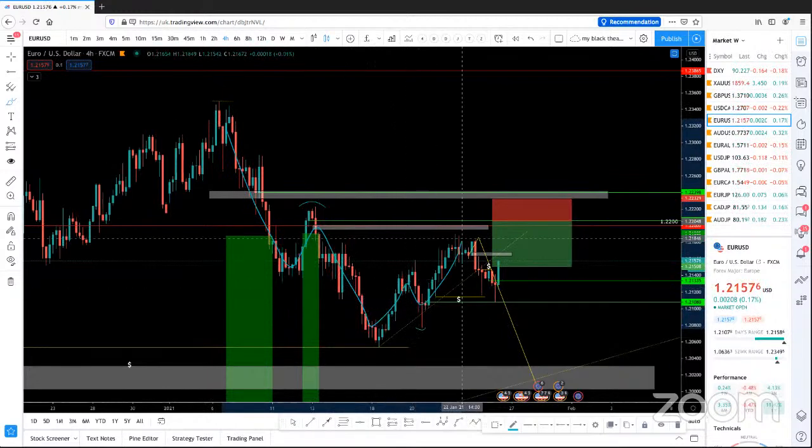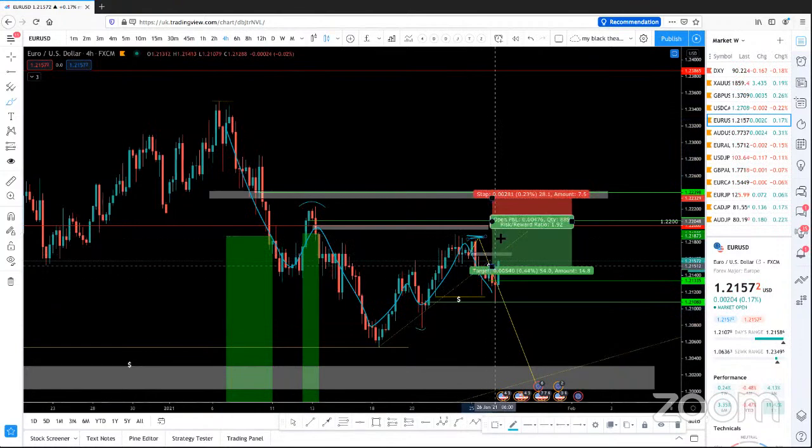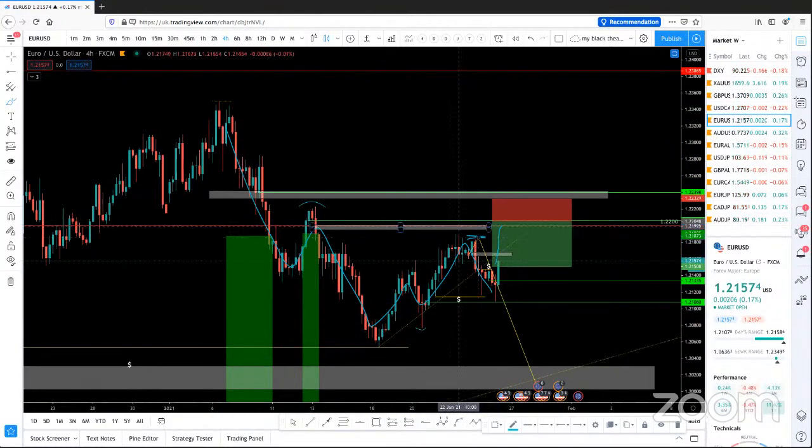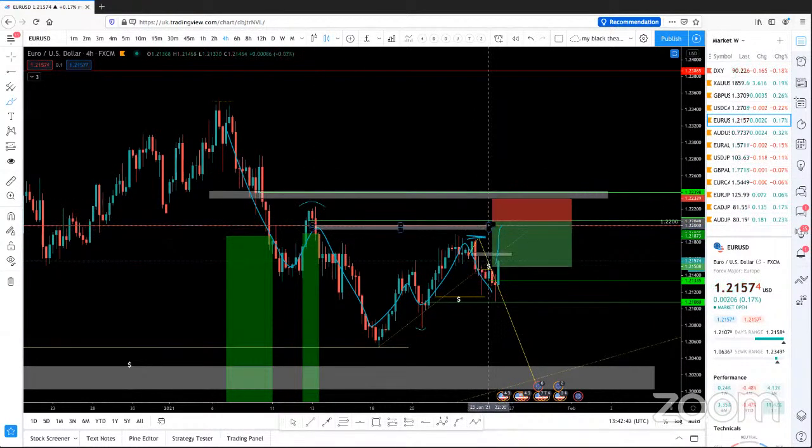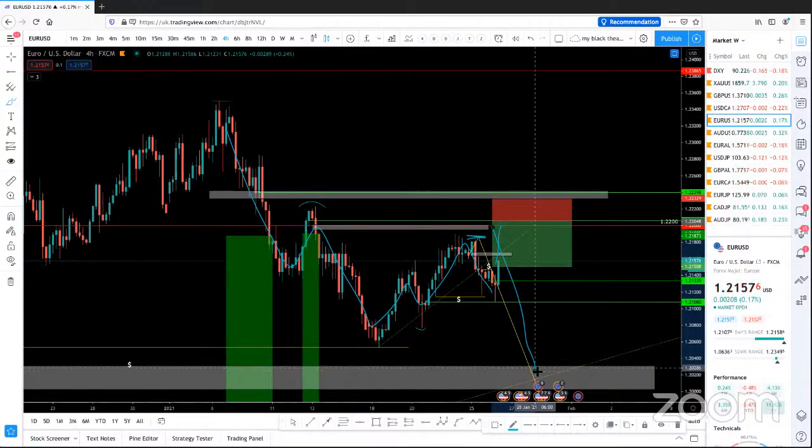I want this high to be violated to move higher. Sorry, not this high, this high. Suppose the pair could give us a reaction from here to run lower. This is one scenario we could look for from Euro USD.